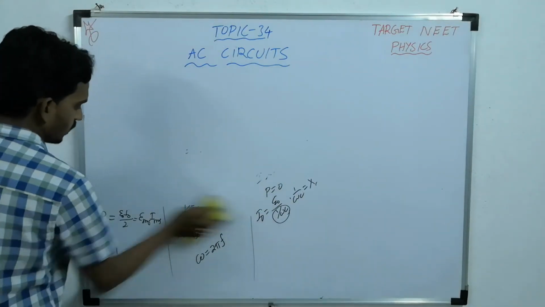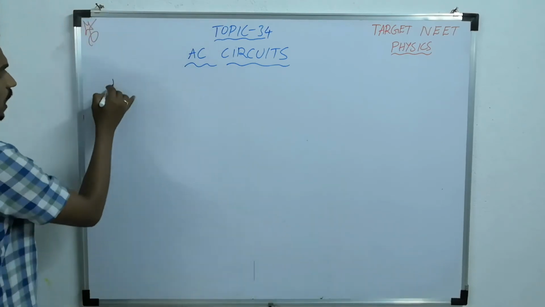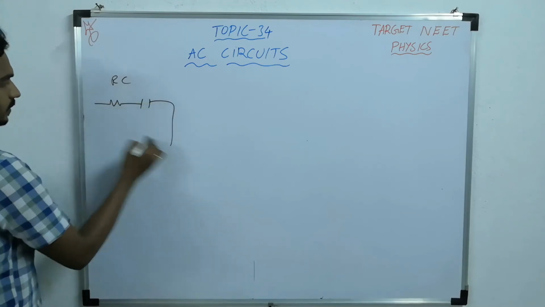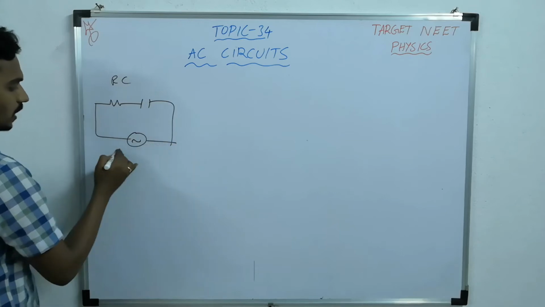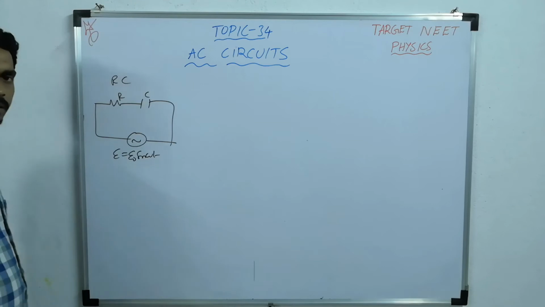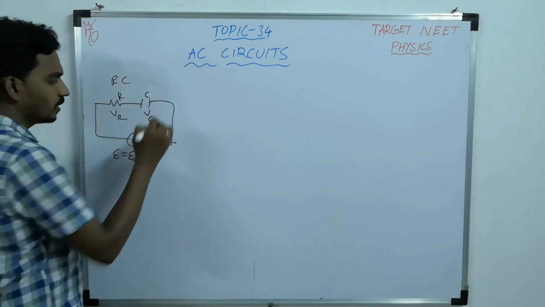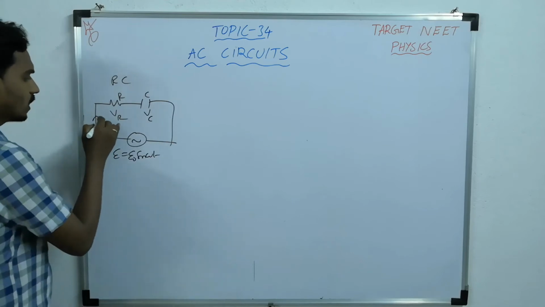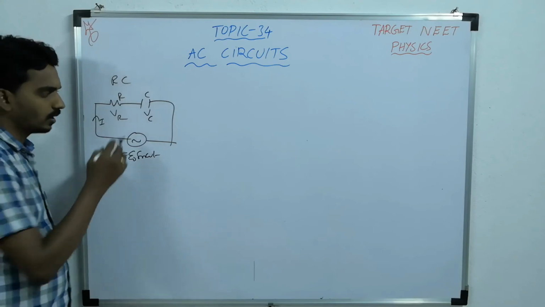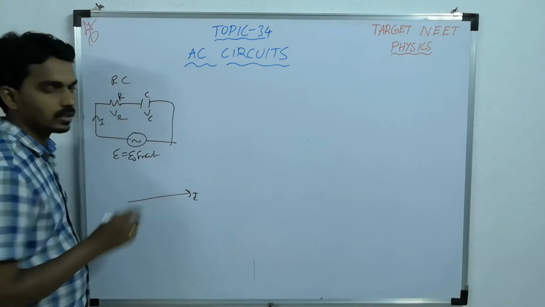What are the other circuits? If you take an RC combination, R and C connected to one alternating source, this is R, this is C. Here there is one VR and one VC, but both are in series, so there is only the same current I. See here, this is the current in the circuit.